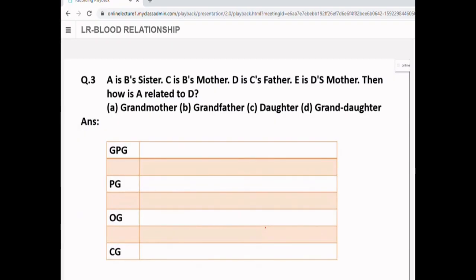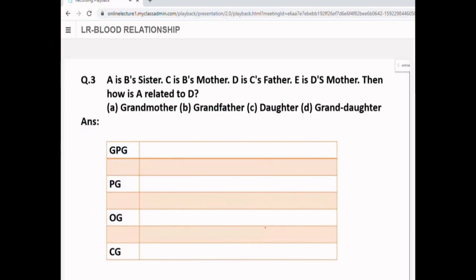Initially, take time. Don't be in a hurry. Initially, don't look at time. We are just into the third sum. Speed will come once we cross 20. This is the best way to solve it.